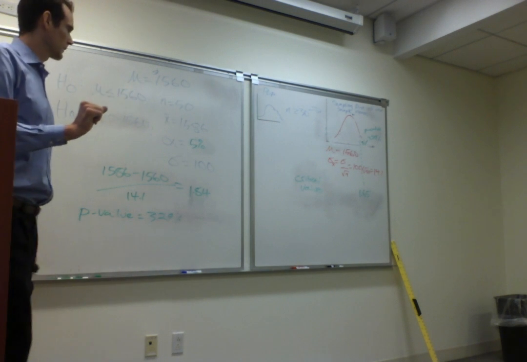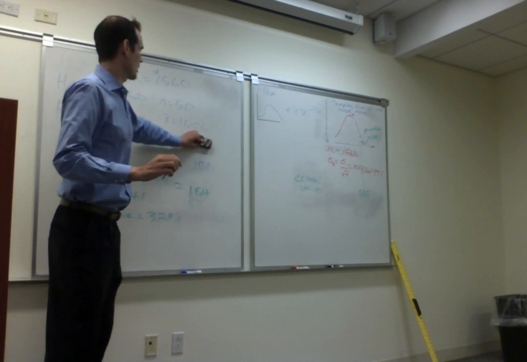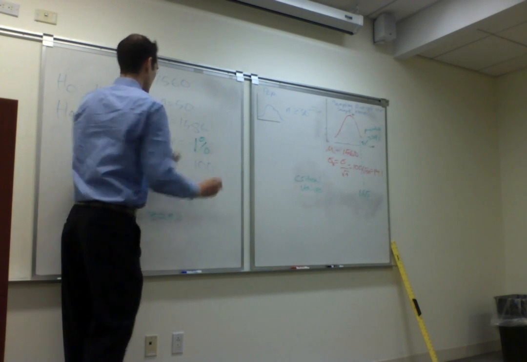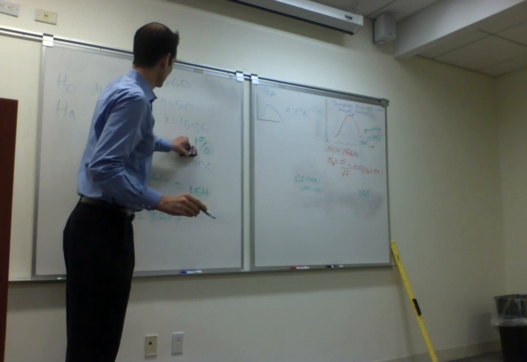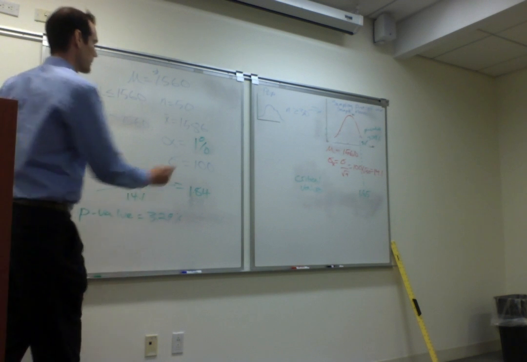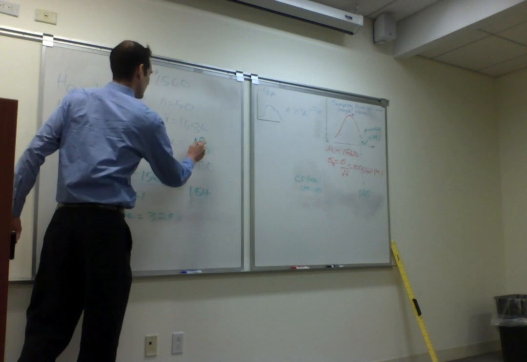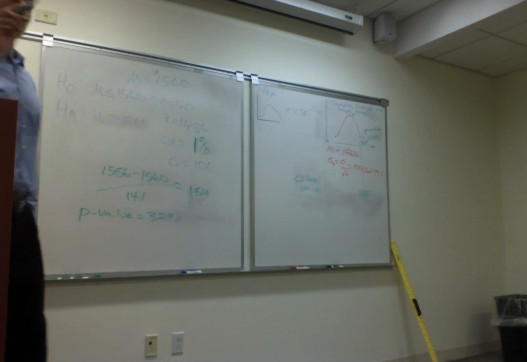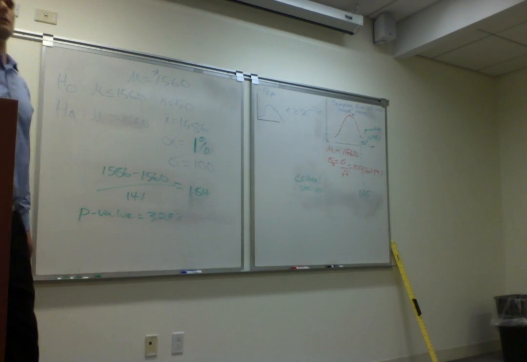Speaking of which, let's call our significance level 1%. I want a 1% significance level. I only want a 1% chance of making a mistake when I walk into that realtor's office. So without doing any calculations for critical values, tell me, are we going to accept or reject?